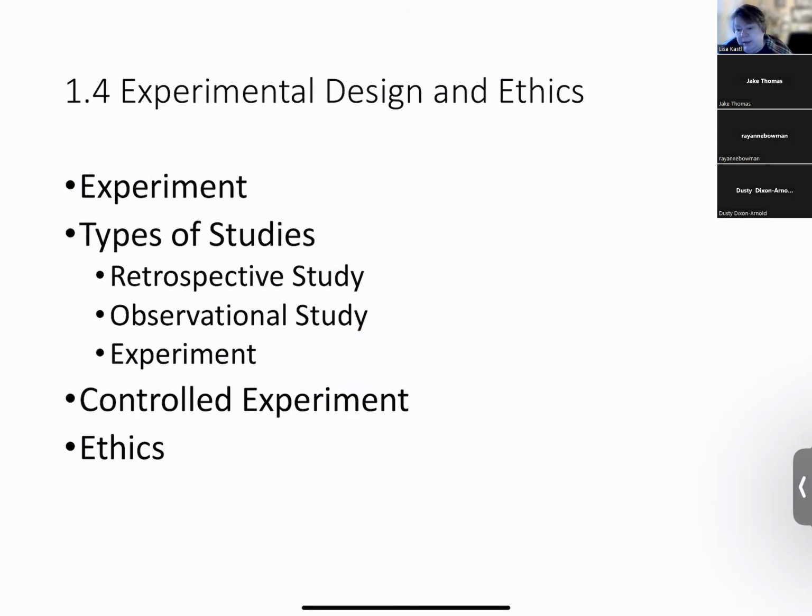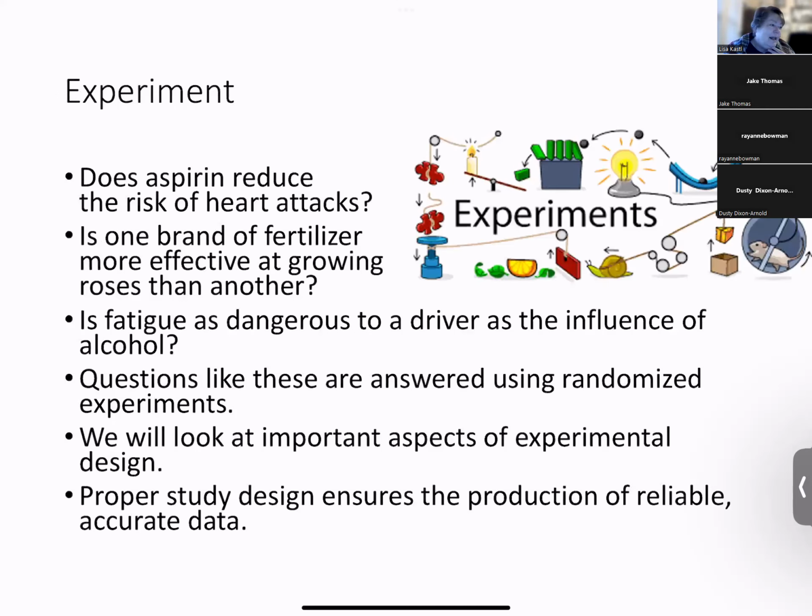Okay, what's an experiment? So we're going to talk about what an experiment is. We're going to talk about 3 types of studies, and then we'll talk about a controlled experiment, and then we'll discuss ethics briefly. What's an experiment? So does aspirin reduce the risk of heart attacks?